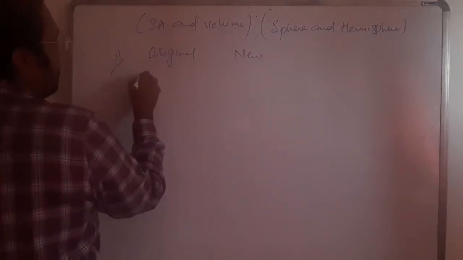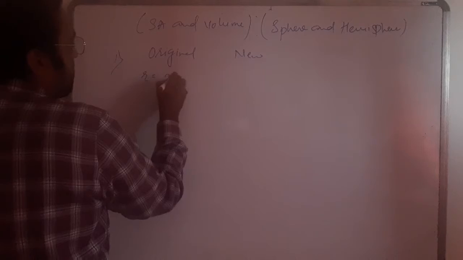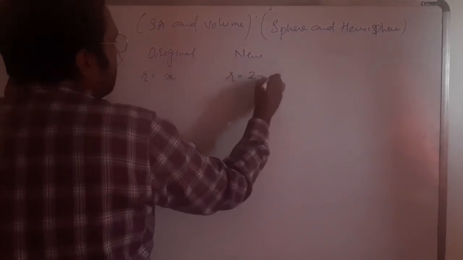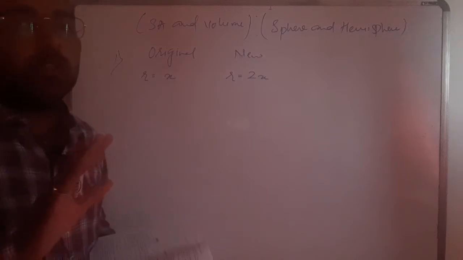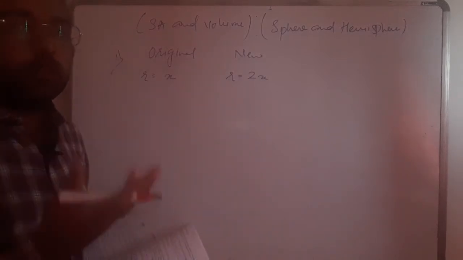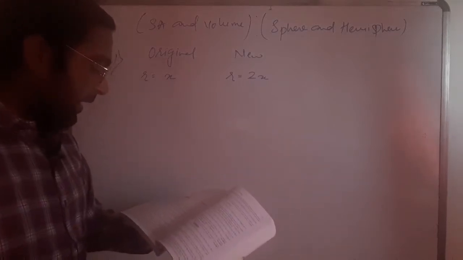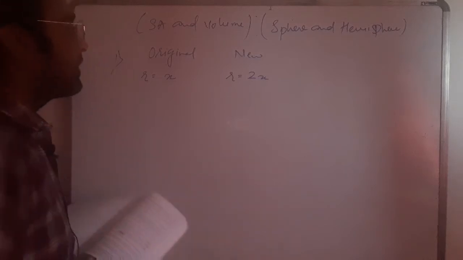For the original, the radius of the sphere is x, and for the new, the radius is double, that is 2x. Now what is the ratio of the volume of the first sphere to the second sphere?